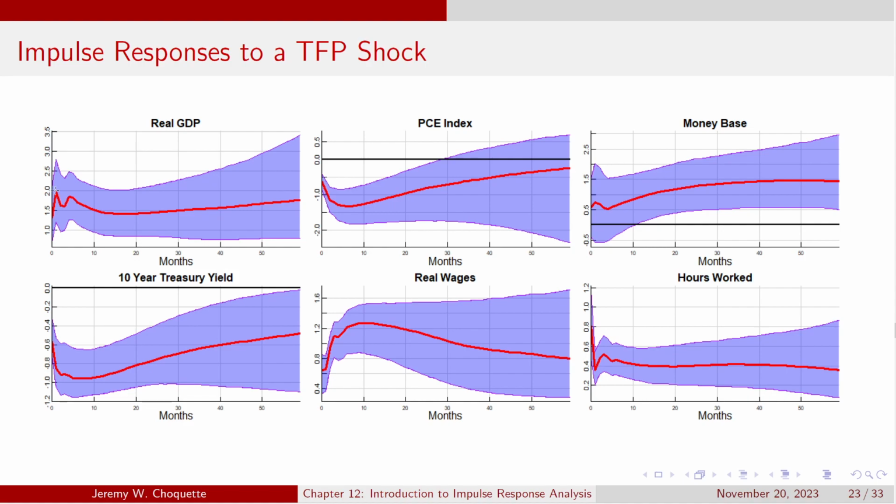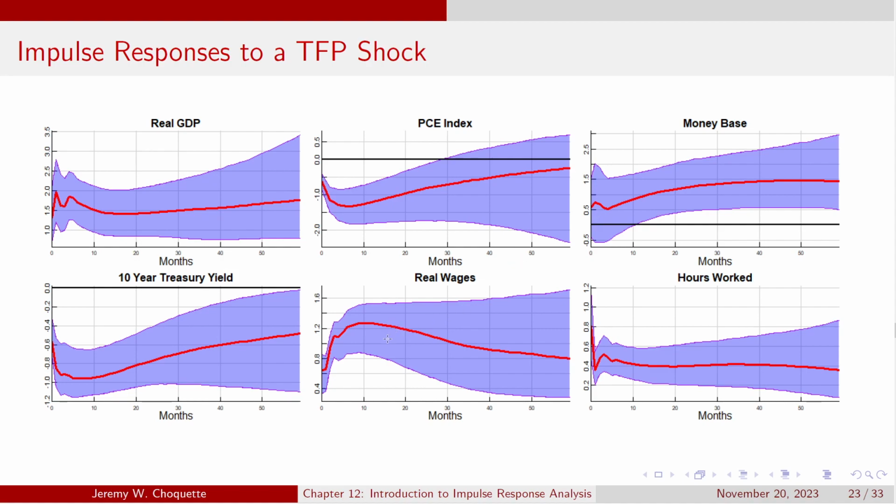It increases by about 2 percentage points above 0 in response to a total factor productivity shock. Okay. What happens to prices? The maximum deviation is right about here. We're in negative territory, a little less than 1.5 percentage points below 0. Cool. All right. Monetary base, we'll get to that.